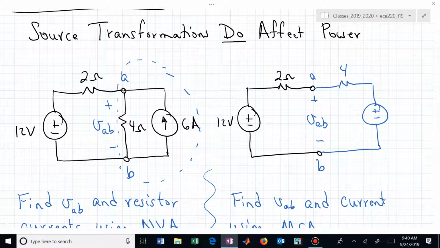And what's the value of that voltage source? If you virtually erased what was to the left of nodes A, B, what value of voltage would you need to have the same open circuit voltage on the right as you have in the left circuit if we've disconnected the 12 volt and 2 ohm network?